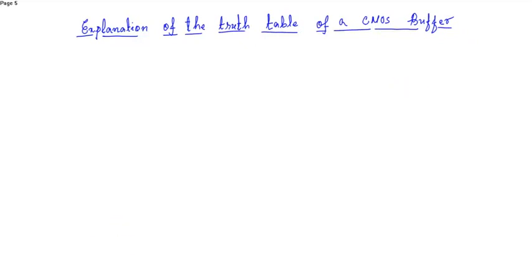The explanation means that we will check for each condition whether the output that we obtained was correct or not.